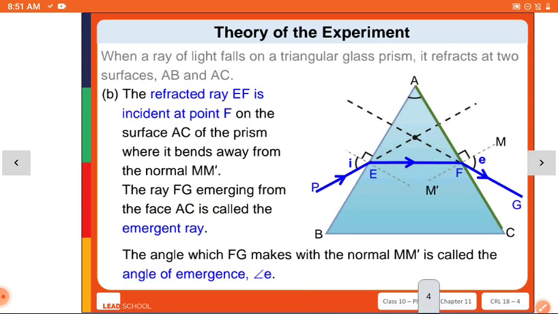Next is the refracted ray EF. When it reaches surface AC, it bends away from the normal and emerges along FG. So FG is called the emergent ray. The angle FG makes with the normal M dash is called the angle of emergence.